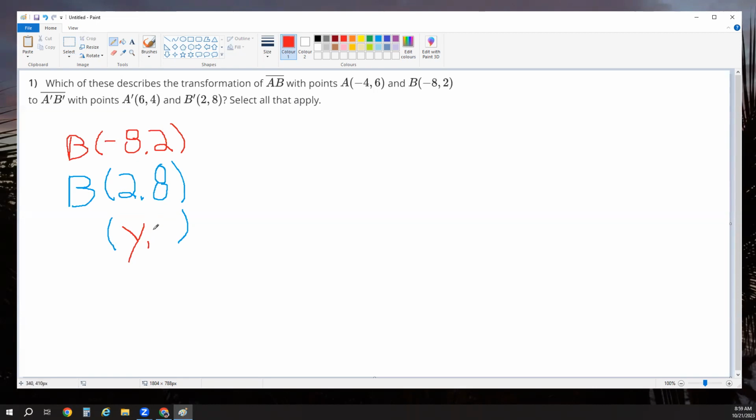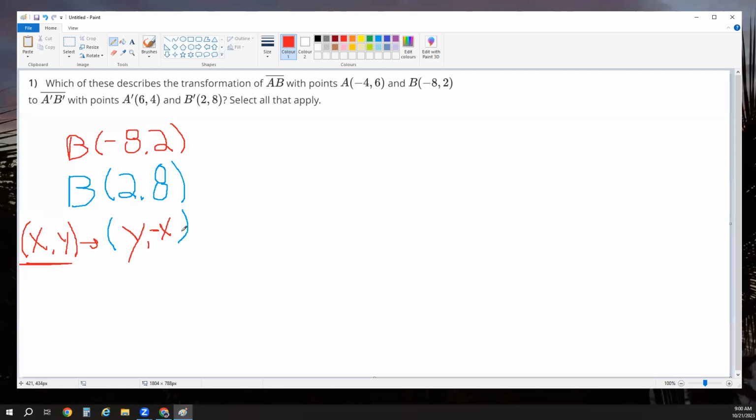So it's going to be negative x. So that is my algebraic comparison: x comma y becomes y comma -x.